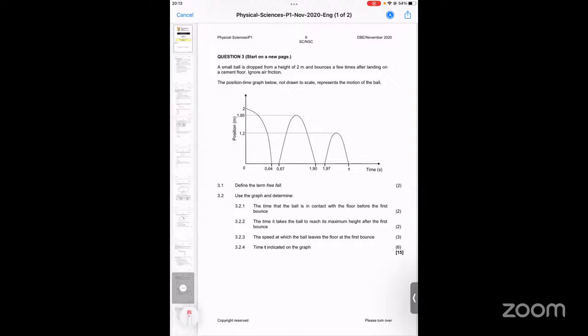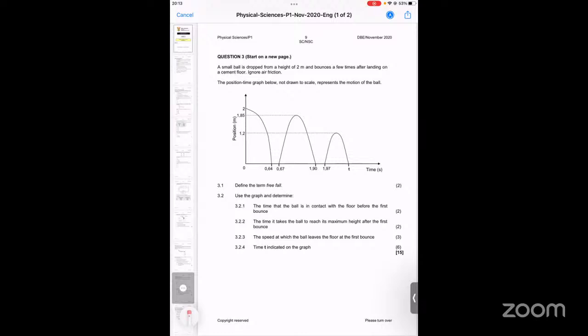Okay, so now they are talking about time t, which is indicated on the graph. A tricky one, but I will guide you on that one.